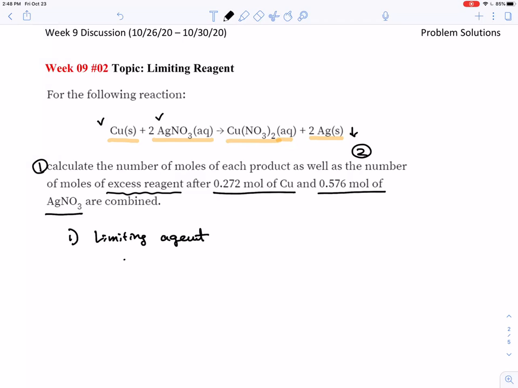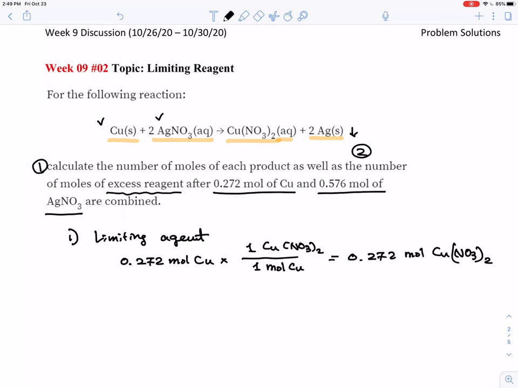We have 0.272 moles of copper, and from the equation, 1 mole of copper will produce 1 mole of copper nitrate, Cu(NO3)2. So we anticipate that 0.272 moles of Cu(NO3)2 will be produced.